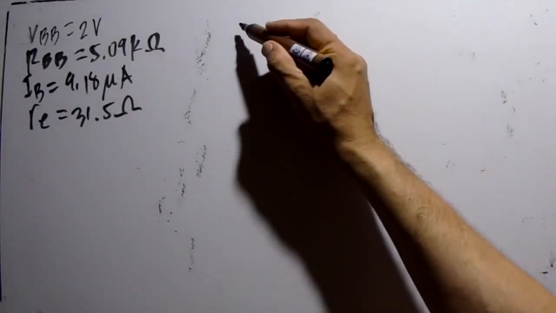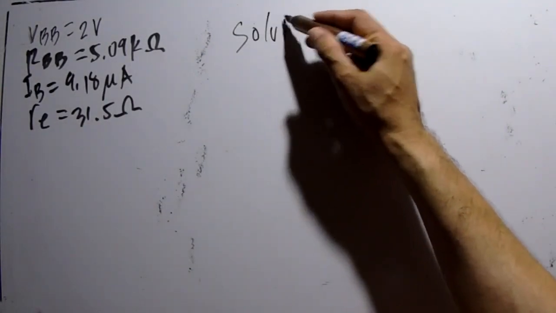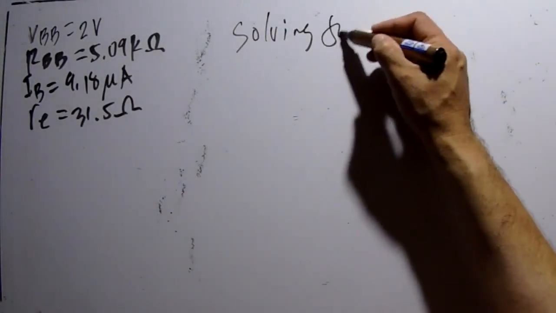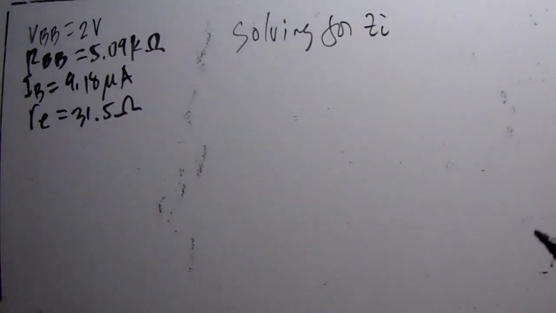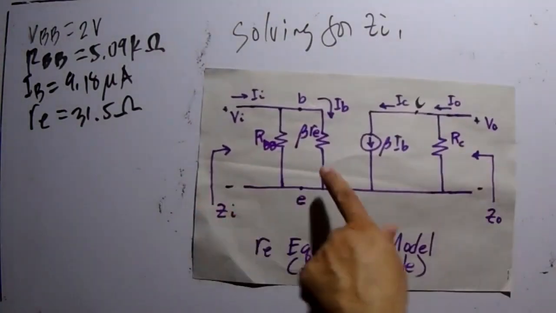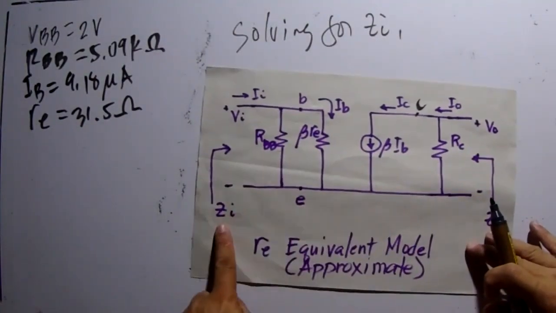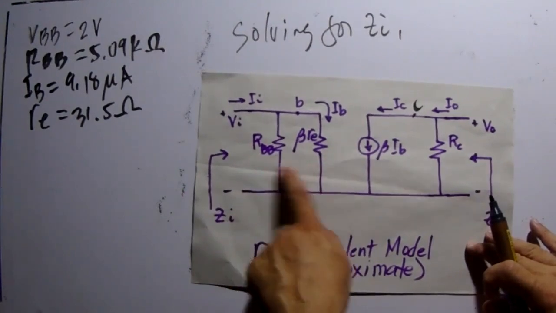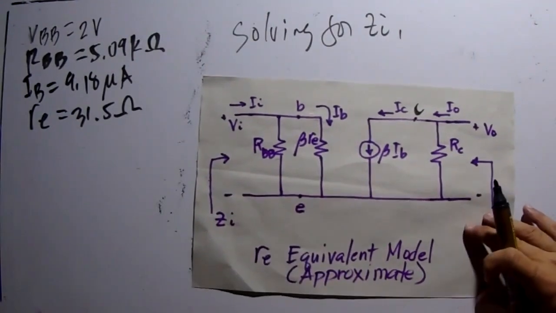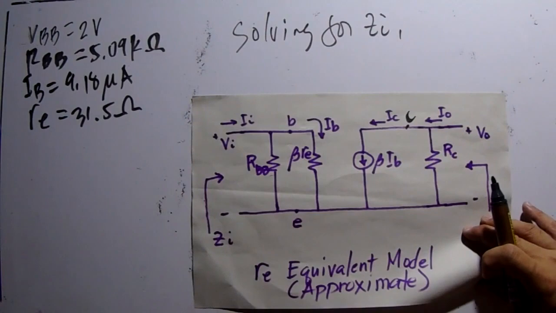Now let's go to solving for the input impedance ZI. From this circuit, ZI is just the parallel combination of RBB and beta RE.